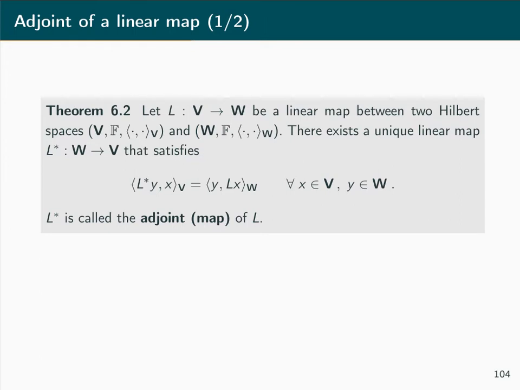To this end, we have Theorem 6.2, which states that if L is a linear map between two Hilbert spaces V and W, then there exists a unique linear map that we call L star, which maps from W to V, and which satisfies that the inner product of L star y with x in the vector space V equals the inner product of y with Lx in the vector space W, and that holds for all x in V and all y in W. And this unique linear map, L star, is called the adjoint map, or simply the adjoint of L.